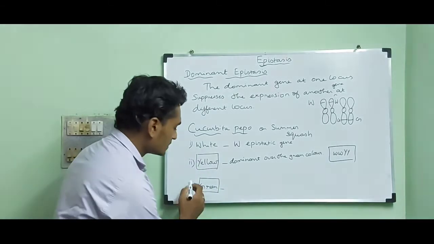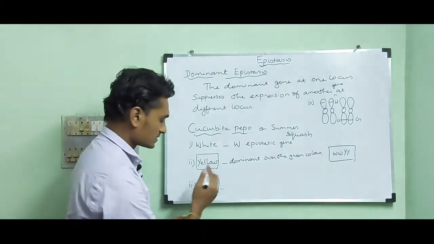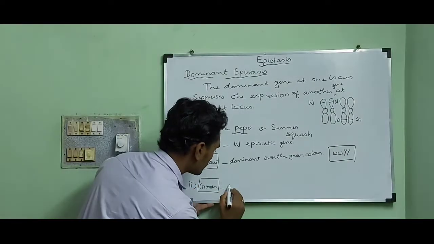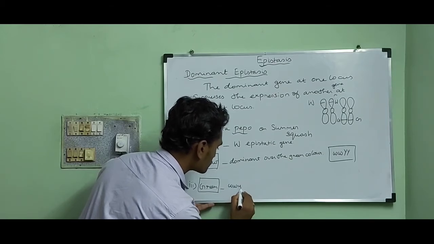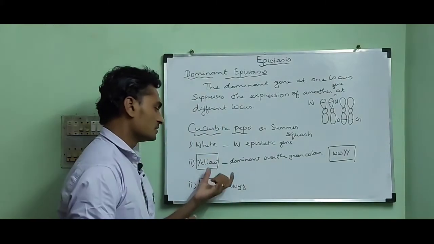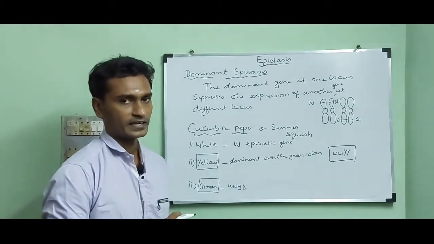Then only the green color will be expressed. Then I will write the genotype. So the genotype would be small w, small y. In this genotype only the green color will be expressed.